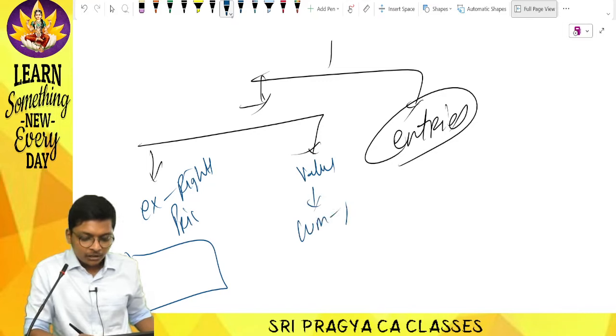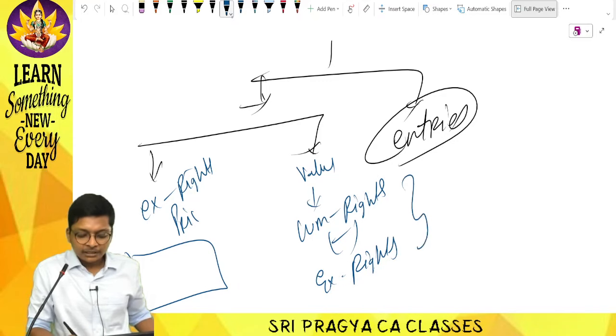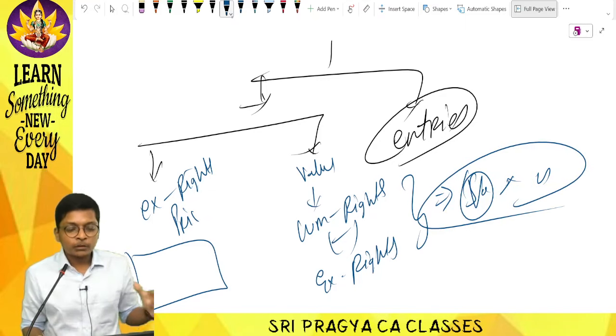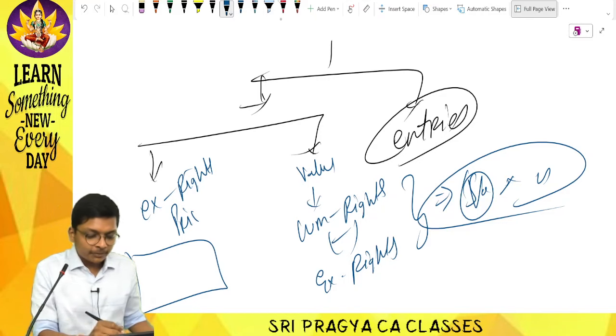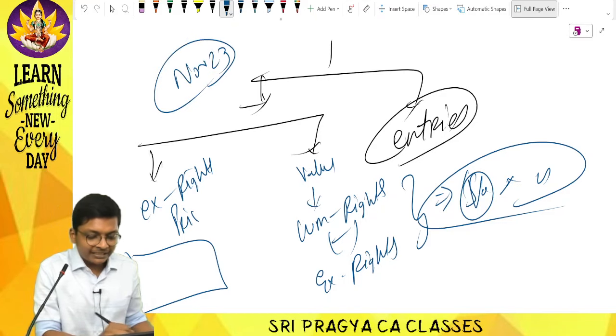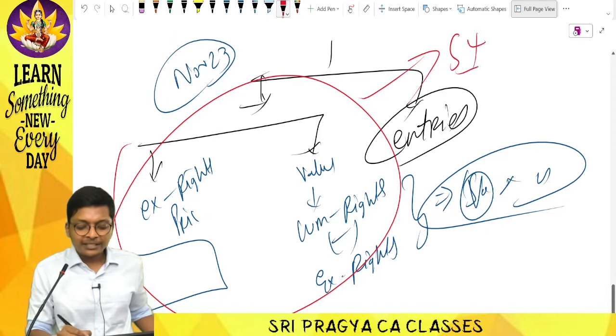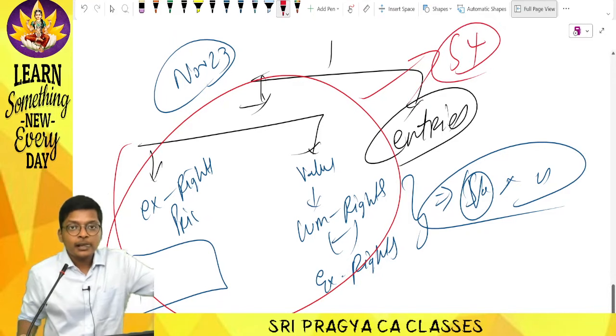It is nothing but cum rights price minus X rights price. Whatever value comes, that value into the number of shares is what you have to pay if you want to do renunciation of rights. Mark this as important for the November 23 exams. Why? It hasn't been tested in the last 5+ attempts. So it's very, very important.